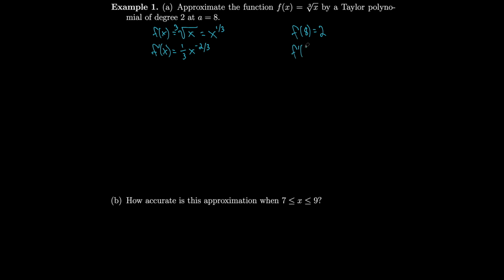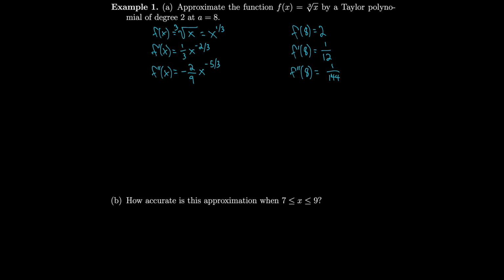So f prime of 8 is 1/12. And then f double prime of x is equal to minus 2/9 times x to the minus 5/3. So f double prime of 8 is equal to minus 1/144.